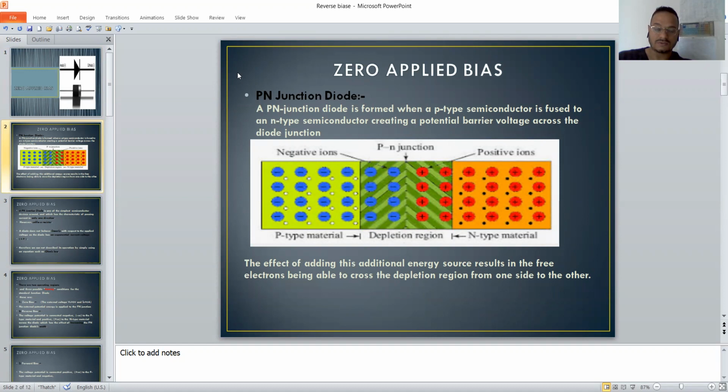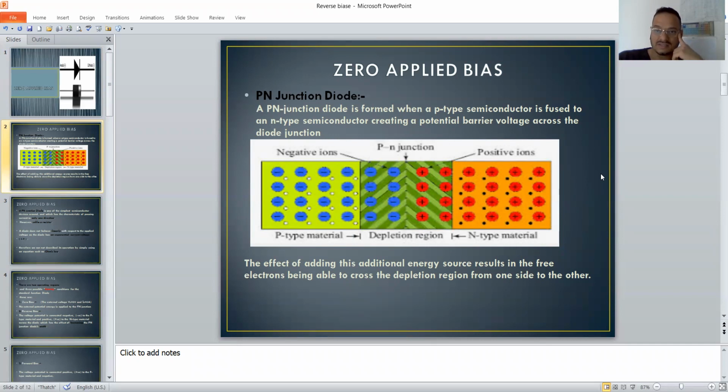Let's come back to the important information about the PN junction diode. A PN junction diode has two terminals, the P side and the N side, and the depletion region between them. We have the N side because we doped it with phosphorus, which belongs to group number 5.